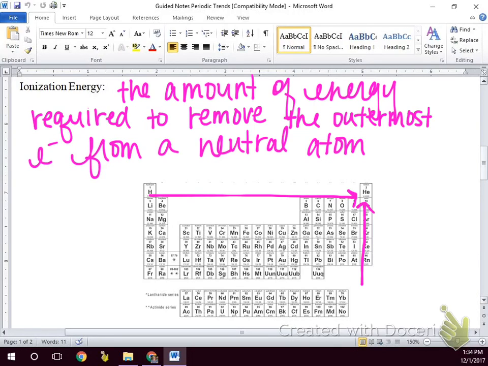Okay, and we're going to talk about why that might be. Okay, I want you to think if you might be able to understand why that might be, right? Ionization energy is the amount of energy that it takes to take an electron from its outer shell. Okay, so think about why that might be the case, that helium or fluorine or neon or those might have high ionization energies. Yeah, Evan?